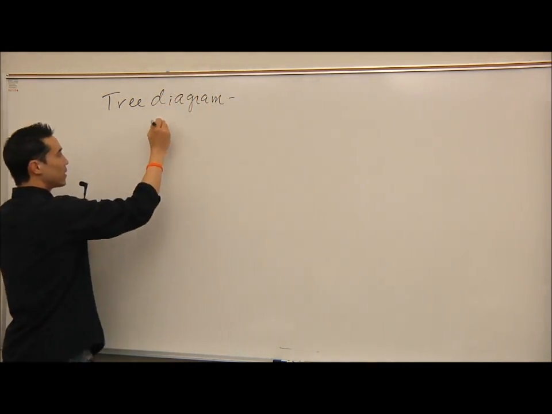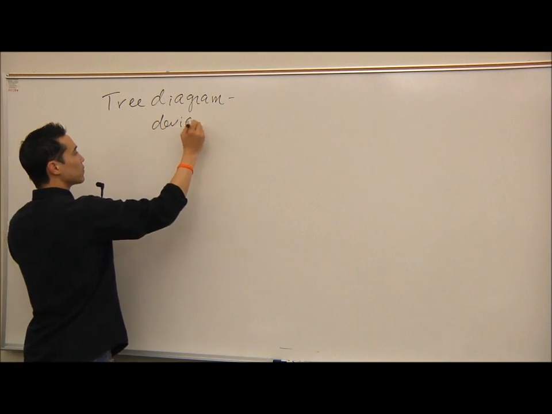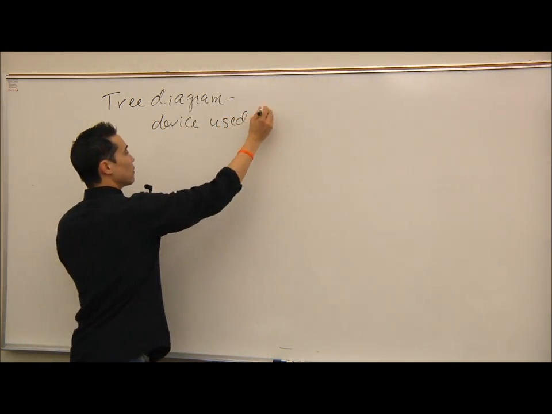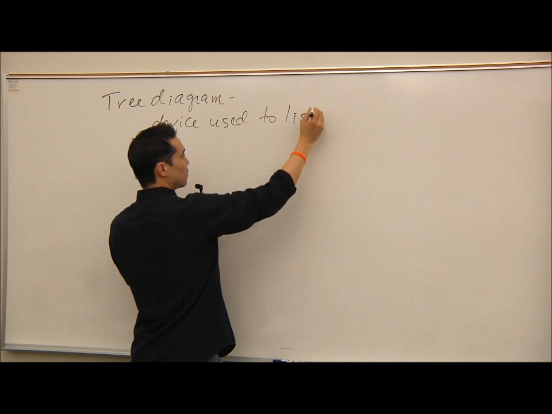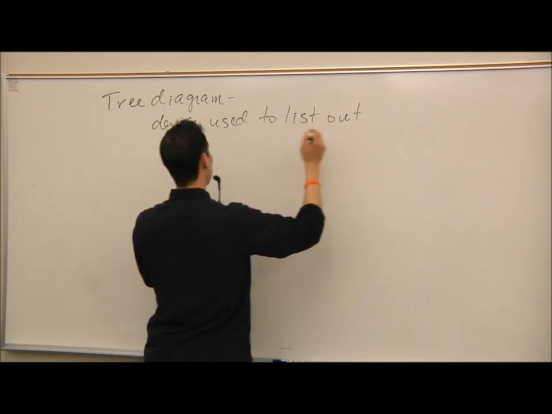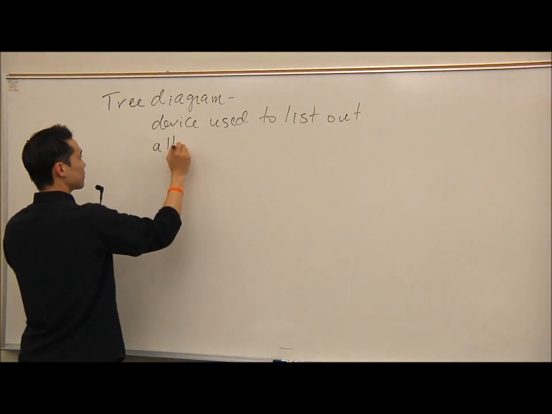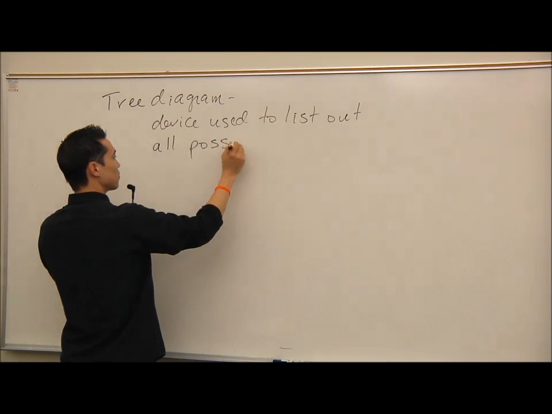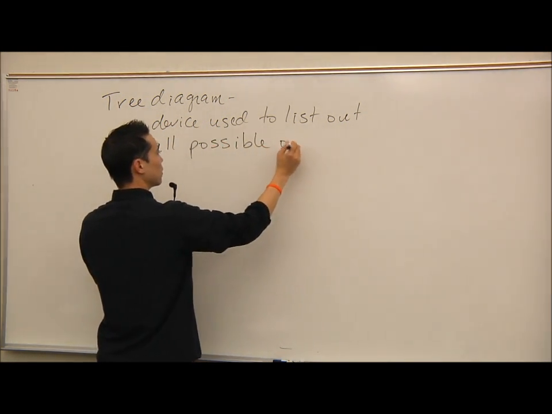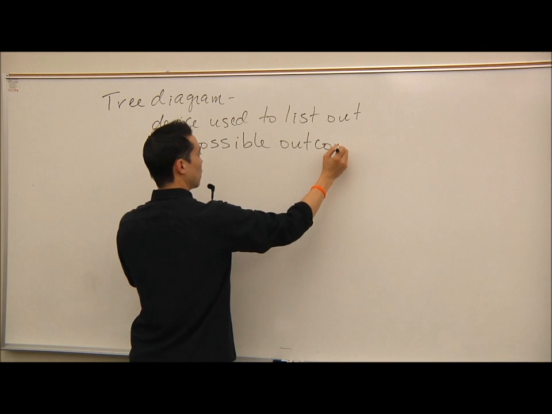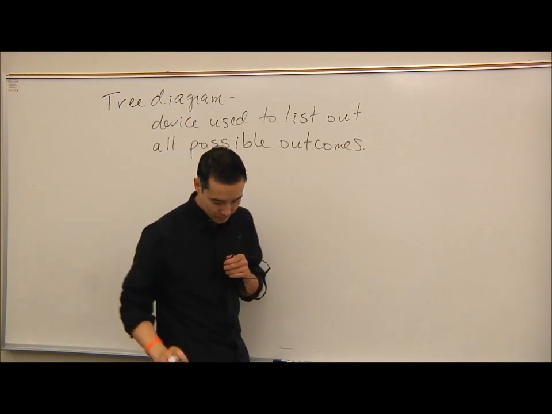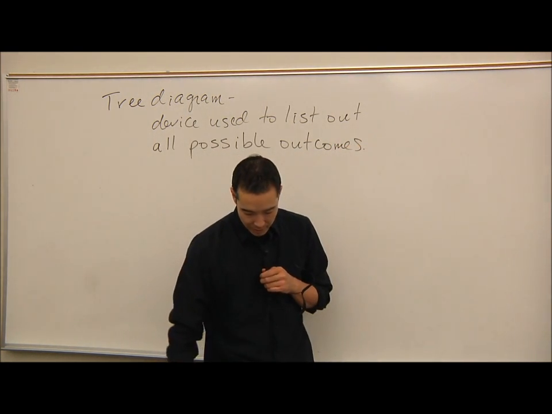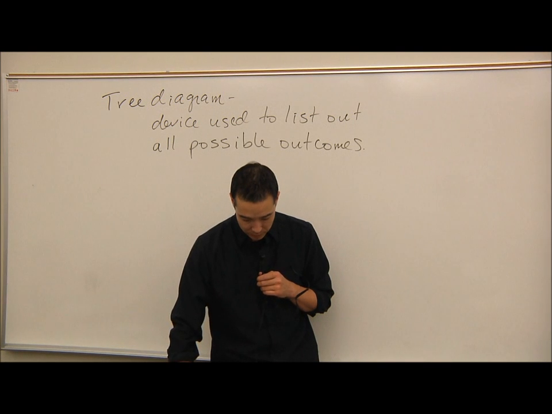It's basically a device used to list out all possible outcomes. Okay? Let's take a look at this first example.